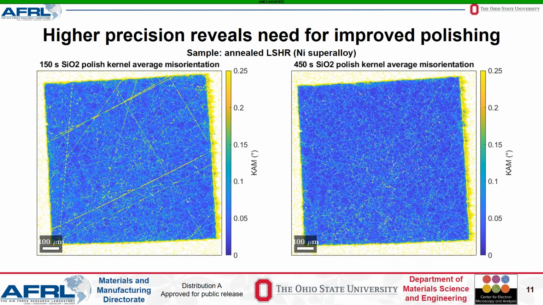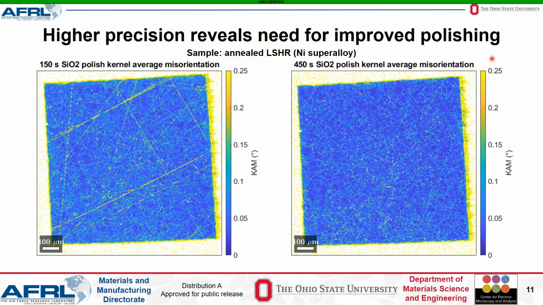However, with the improved precision of SHI, I found that this polishing routine actually leaves a small but detectable amount of residual subsurface damage from the grinding process, visible as the streaks of increased CAM in the figure on the left. Increasing the colloidal silica polishing time helped eliminate this and should hopefully ensure that any local misorientations observed using high precision EBSD are inherent in the sample, rather than being artifacts from the sample preparation process.